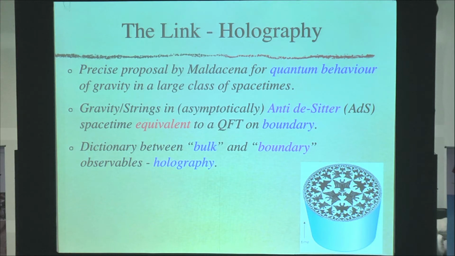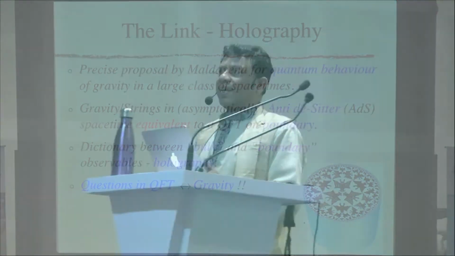And so this is very remarkable because, as I said, it links quantum field theory and gravity, these two big pillars of 20th century theoretical physics. It translates non-trivial questions of quantum field theory to questions of gravity, and in very unexpected ways. So the answer to a very difficult question of quantum field theory, say at strong coupling, gets translated to a question in classical gravity.